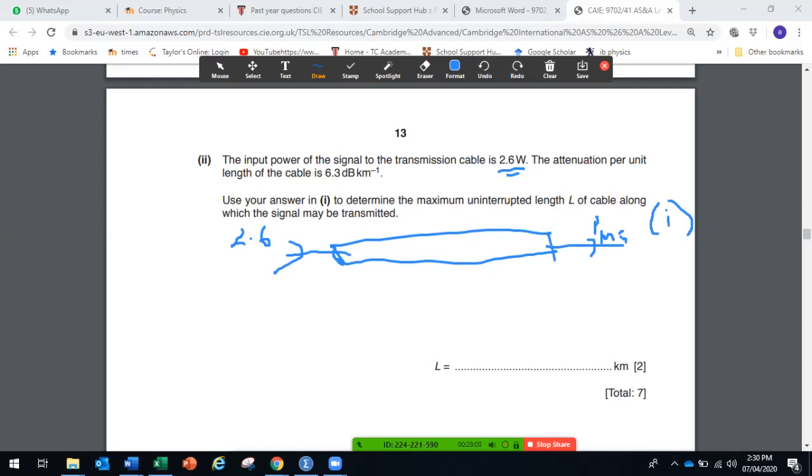Why are they looking for minimum power? Because they want to see the maximum length we can use so that we can put in the amplifier. That's the purpose of this part, to save money for the company.